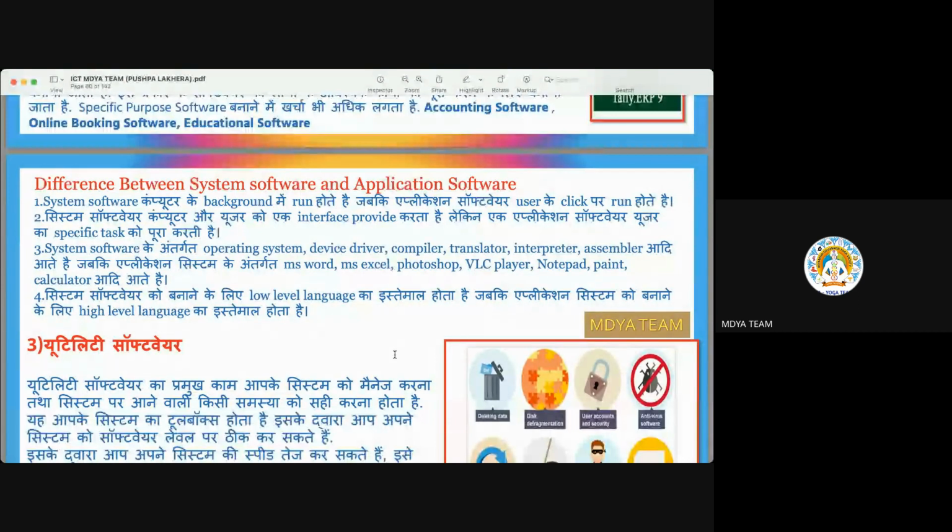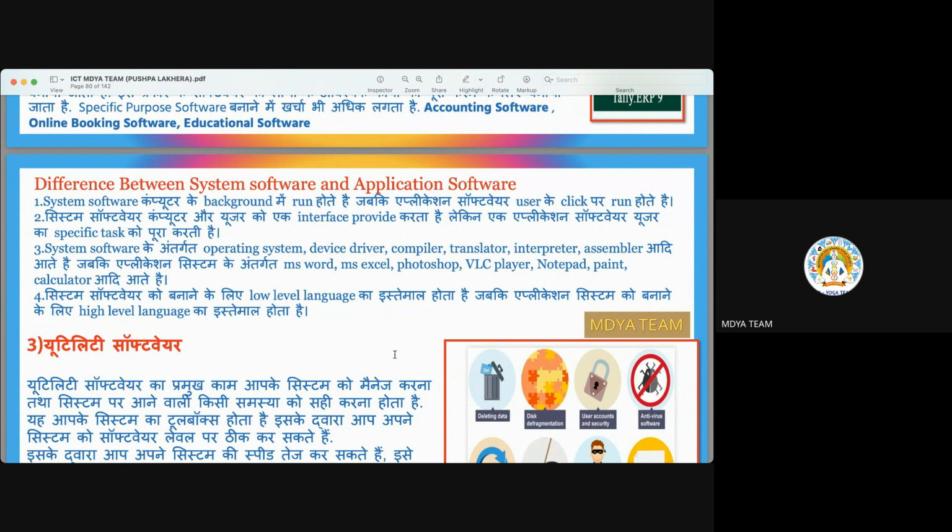So what is the difference between system software and application software? System software always runs in the background. Whenever you do something, whether you are using some special application software or you are doing some browsing, this system software always runs in the background.